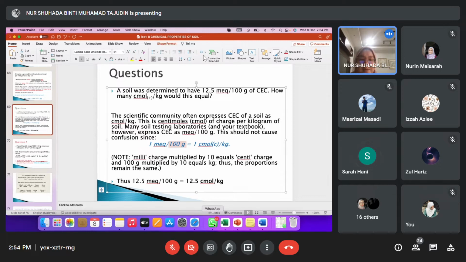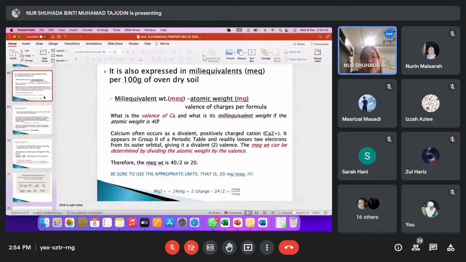Faham. So if a soil is said to have 12.5 MEQ over 100 gram of soil, tengok, maksudnya here is 12.5 MEQ, and here is 1 MEQ. Maksudnya 1 MEQ tanah, so dalam 1 MEQ it has 12 mg of magnesium.